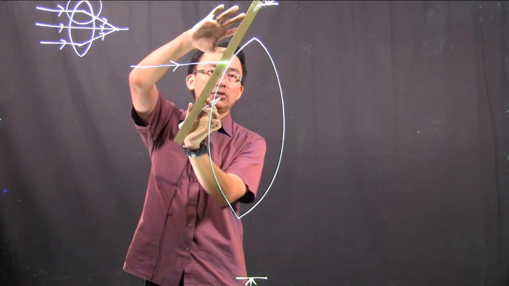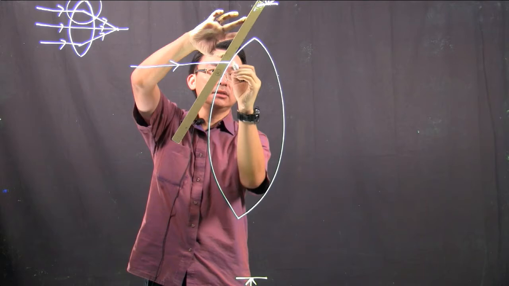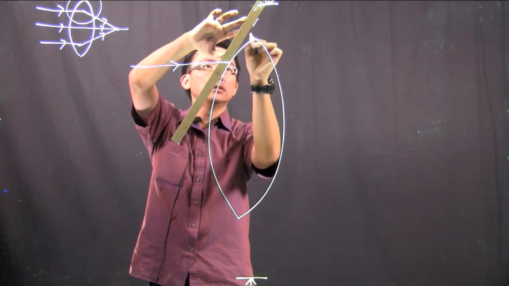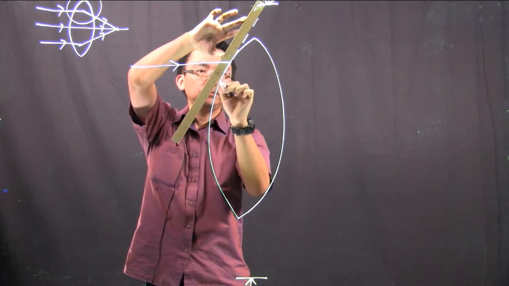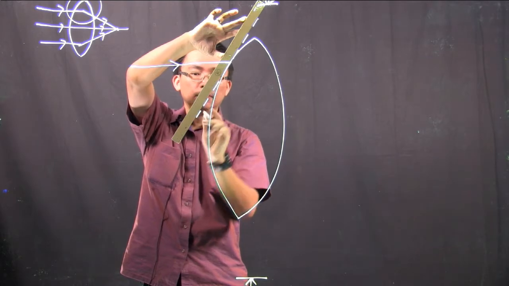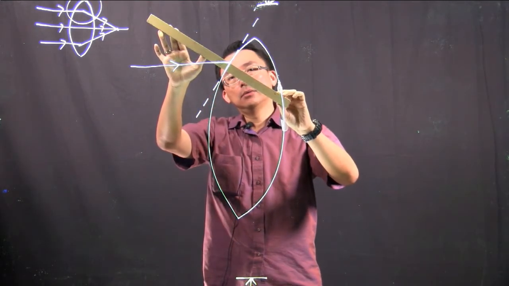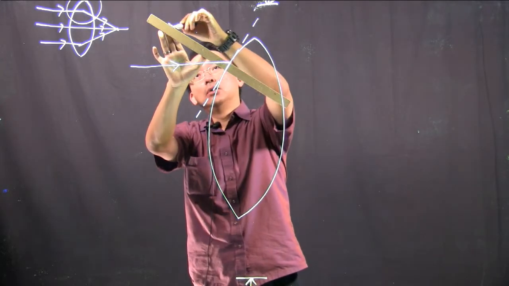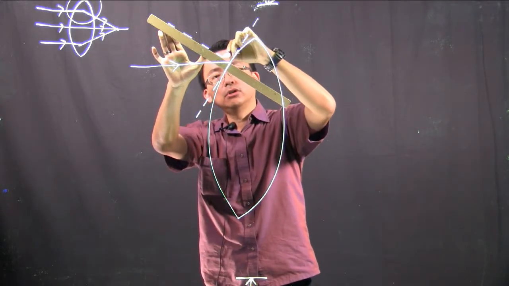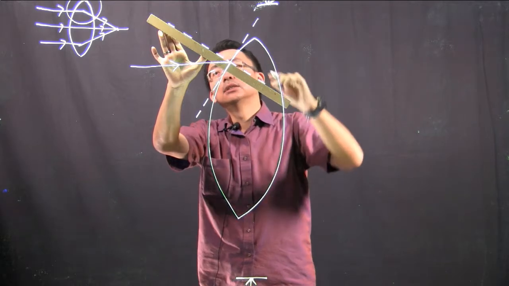Let's draw a tangent at the point of incidence here. Following that, we draw a normal at the point of incidence.